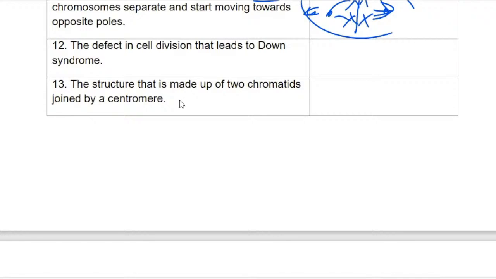The structure that is made up of two chromatids joined together by the centromere. Structure made up of two chromatids, joined by the centromere. How do you call this? It is a chromosome.